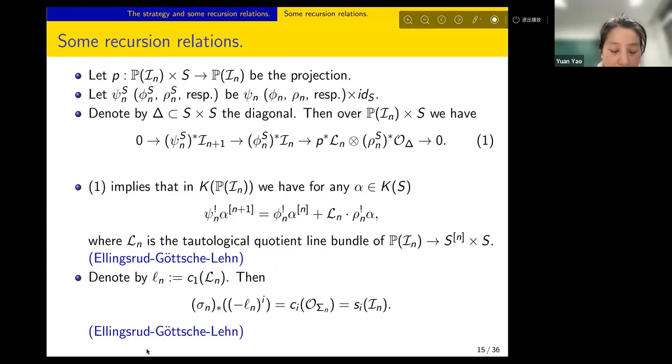And they also prove this statement, also due to these three people in the same paper. You push forward, so sigma n is from this incidence variety relative to this Sn times S. It's just the Chern class of the ideal sheaf, the universal ideal sheaf, I should say.